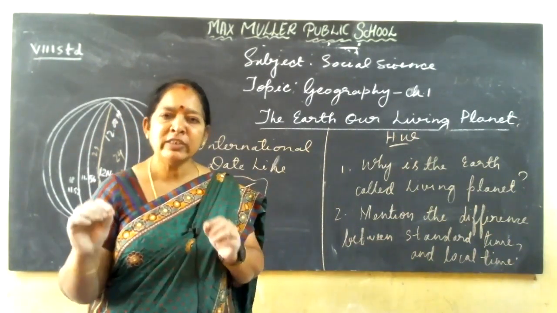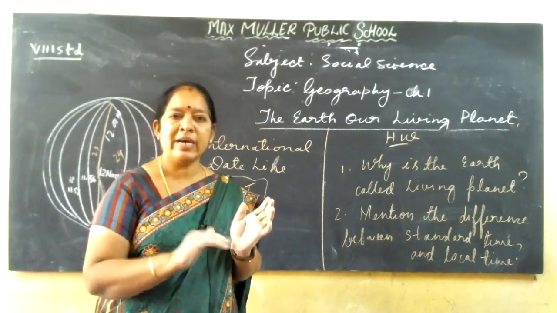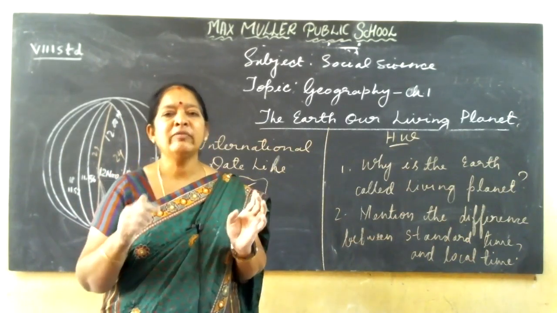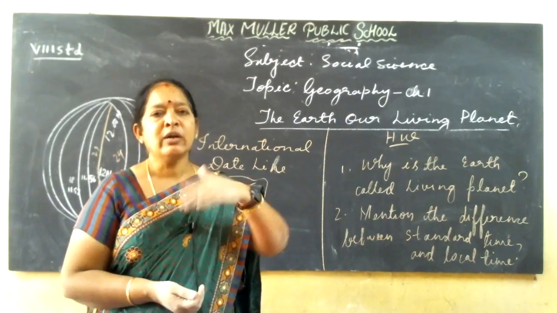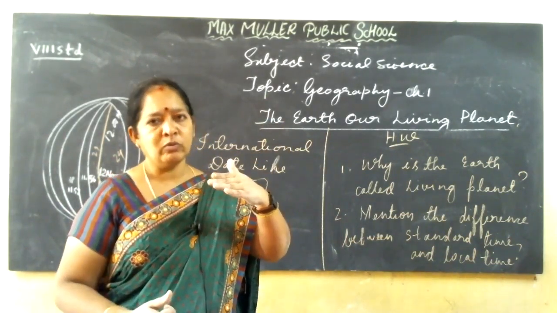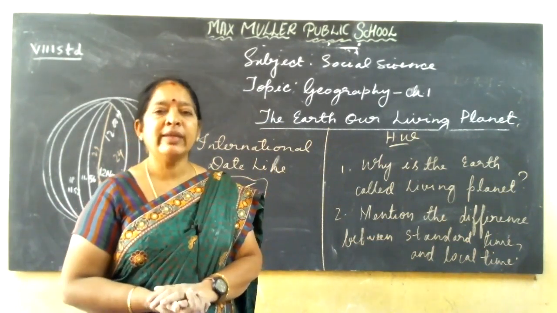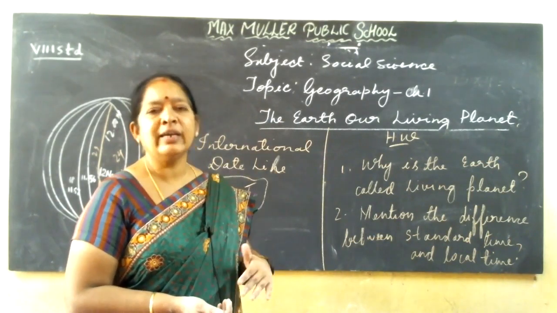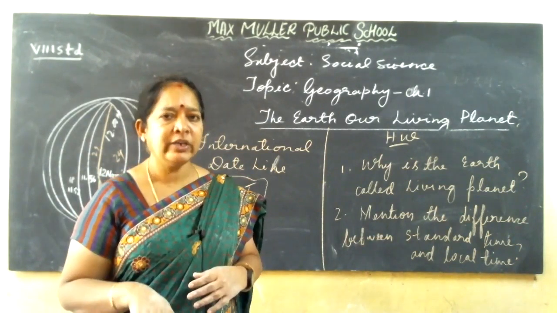Latitudes are the imaginary lines which run from east to west, that is horizontally, and we have 180 latitudes, 90 towards the north pole and 90 towards the south pole. And longitudes run from north pole to south pole vertically, and we have 360 longitudes.